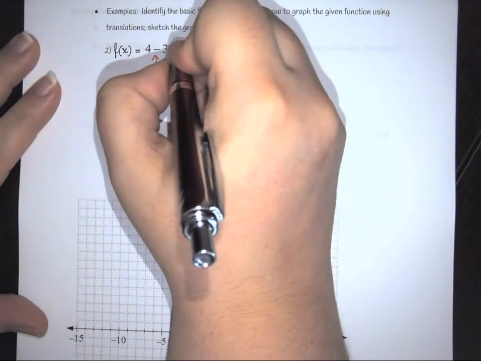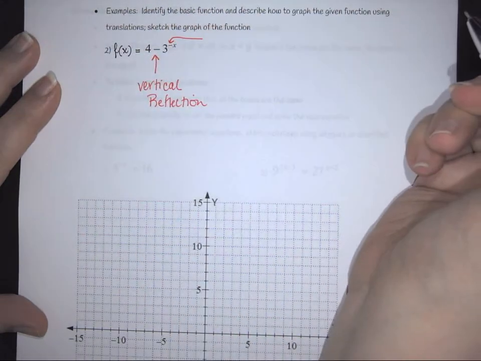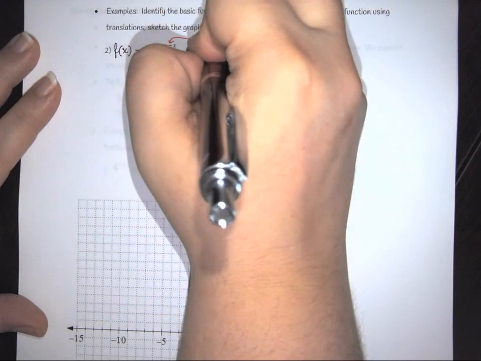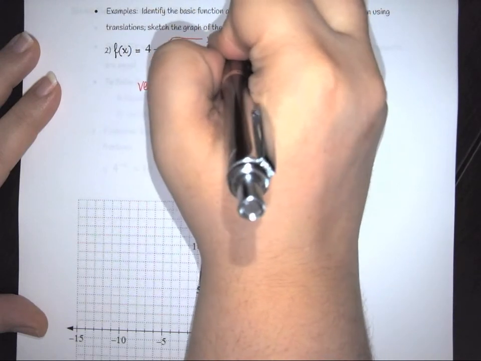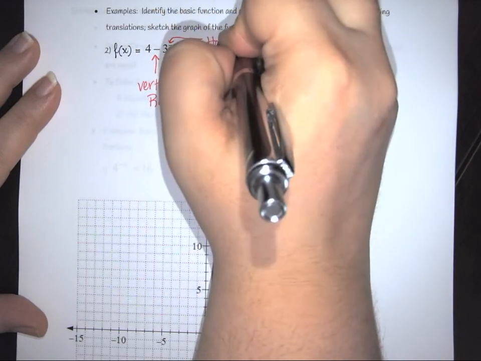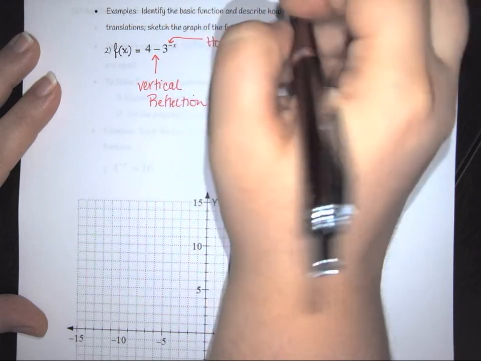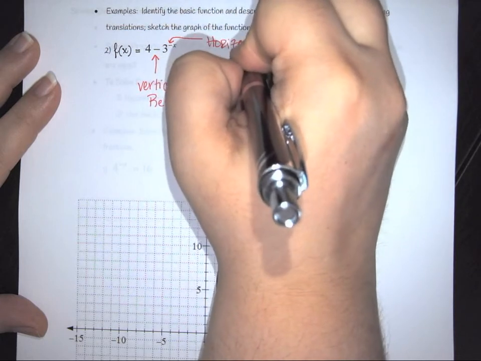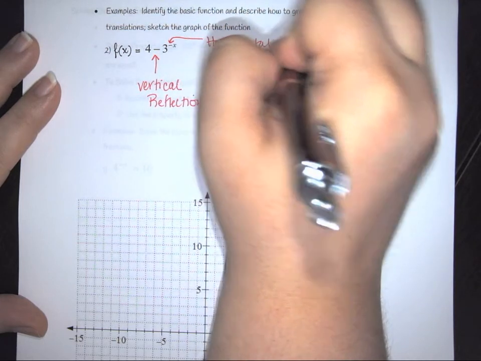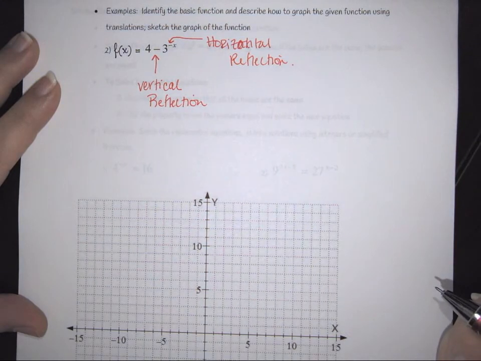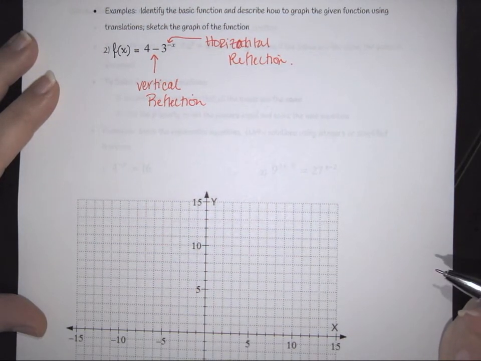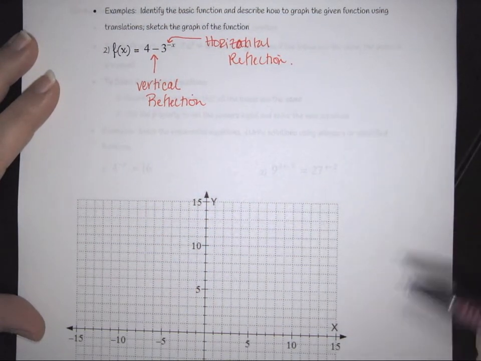Up in the top, we also have a negative. So this one is horizontal, and it is also a reflection. Okay? Well, beyond that, we need to be able to identify the rest of what's going on.